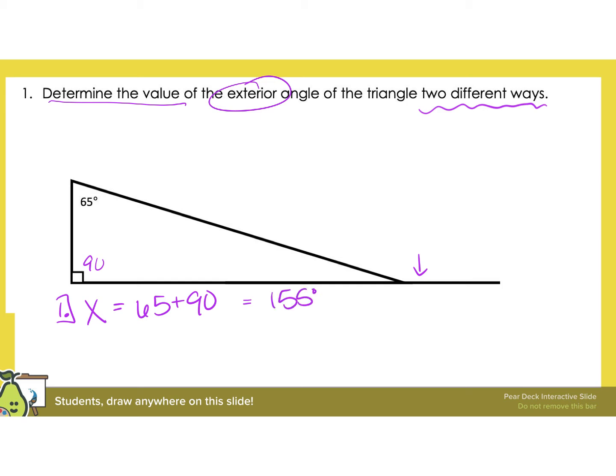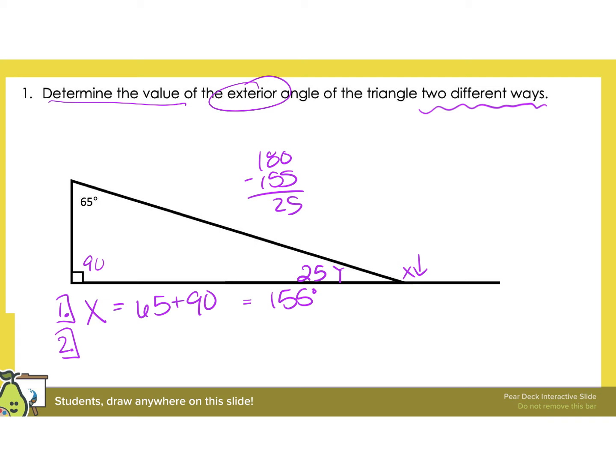And then a second way I could do it is I could find this angle. We'll call this angle y. This one's angle x. I could figure out what angle y is. Okay, so 90 and 65 is 155. So 180 minus 155 is 25. So angle y is 25.